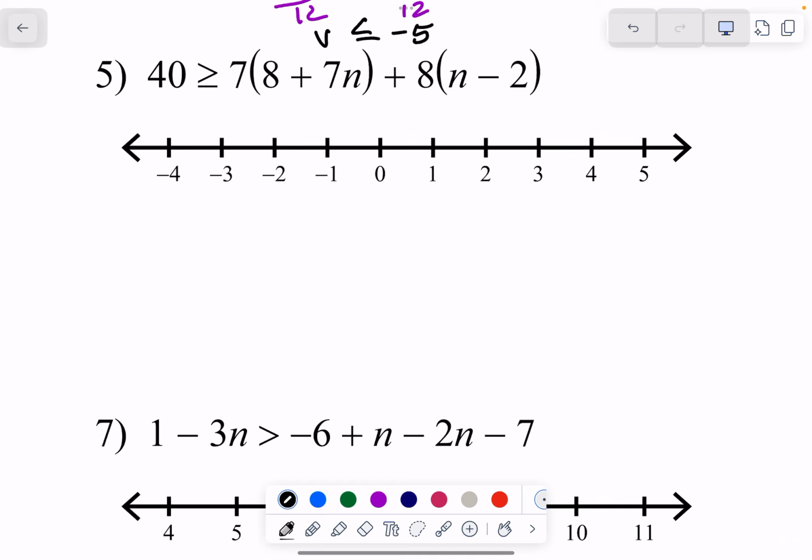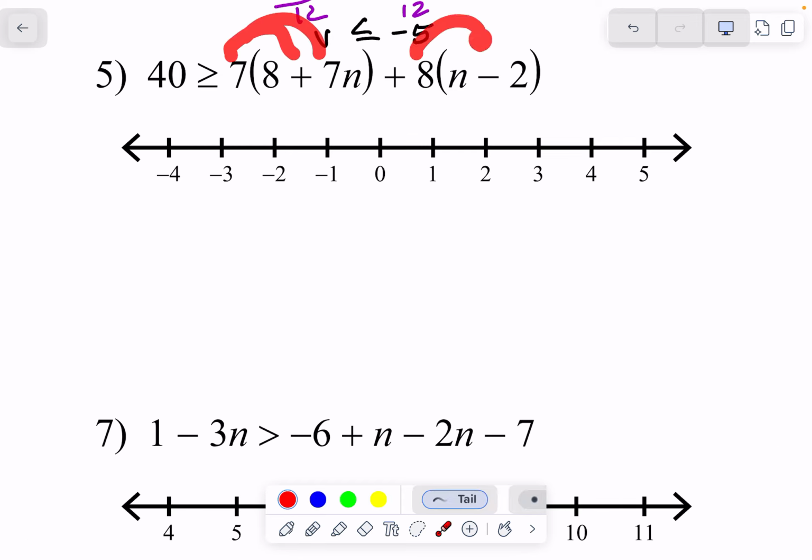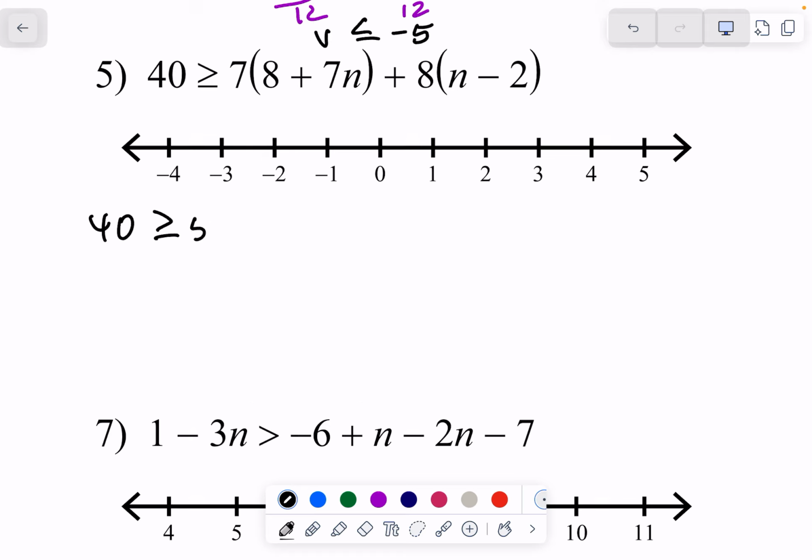Now let's go to 5. In 5, we have 2 distributions. So we're going to get 40 is greater than or equal to 7 times 8 is 56 plus 56n. That's our 7 distributing. Distribute the 8 to get 8n minus 16. So all I've done is distribute.